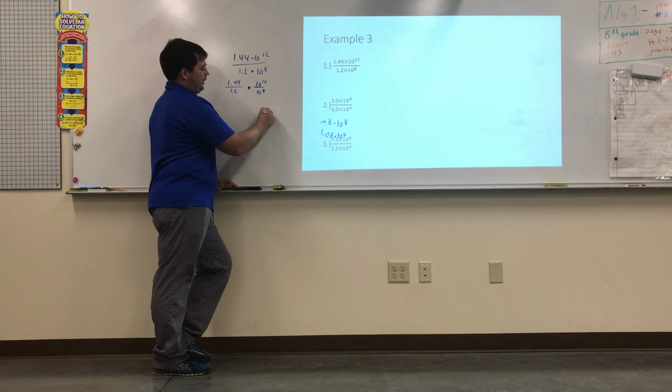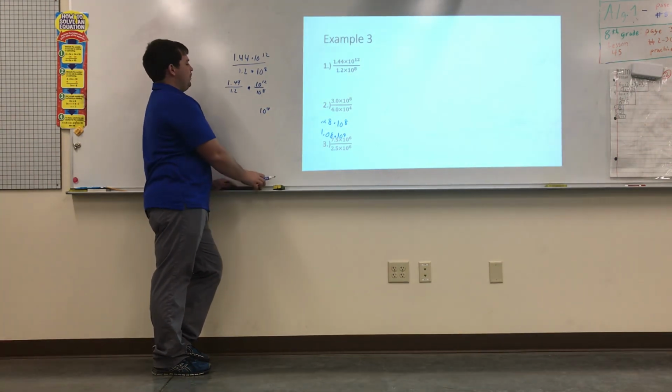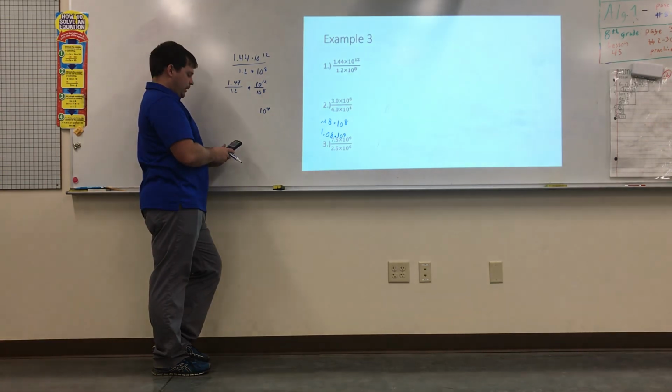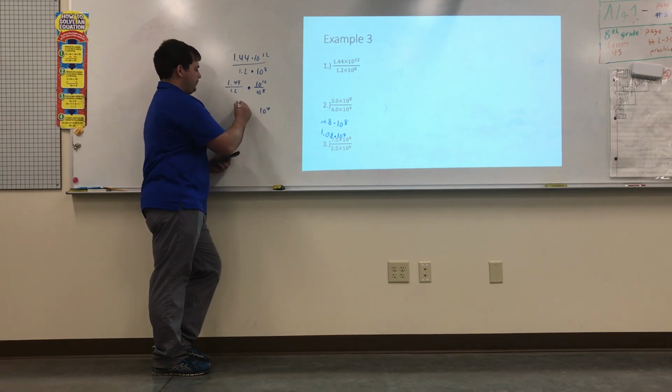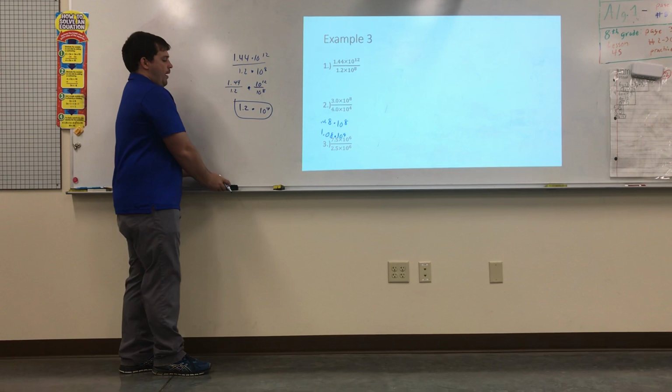So this is going to give me 10 to the 4th. I think that's pretty easy. Now we need to take 1.44 divided by 1.2, which should be about 1.2, I believe. And that is your answer.